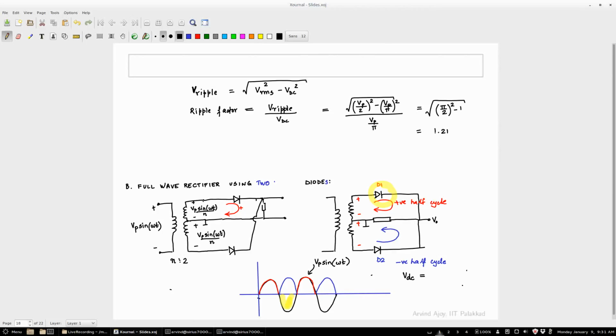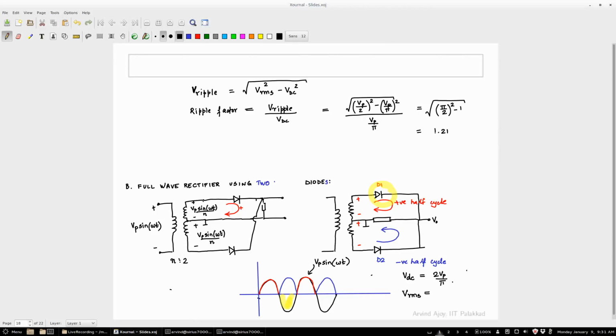What do you think VC will be? 0? How is it 0? No, average only. Of the sinusoid, no, you have to take the average of the modulus of the sine. And what will that be? 2 Vp by pi, right?